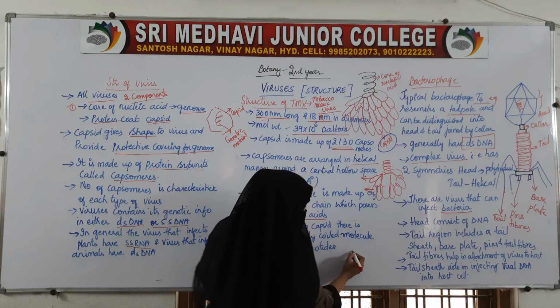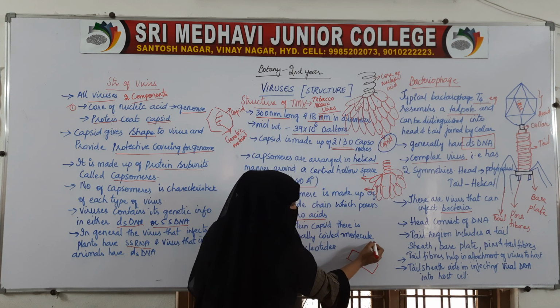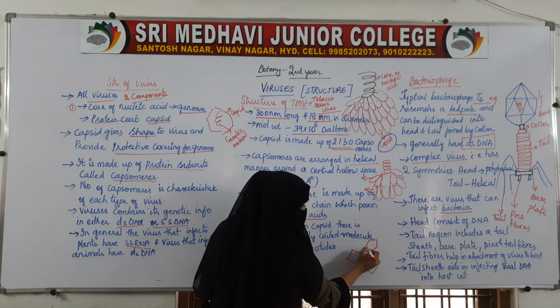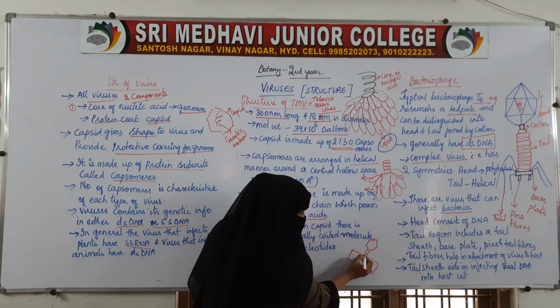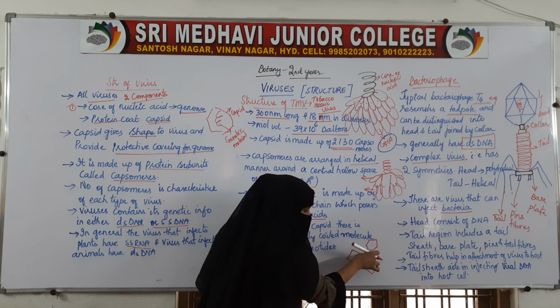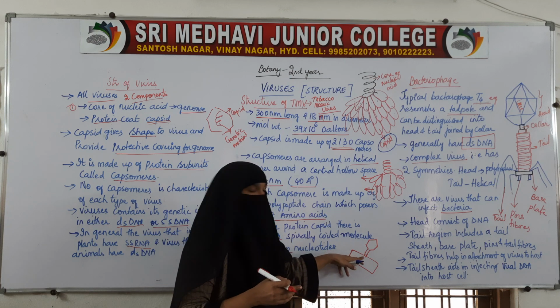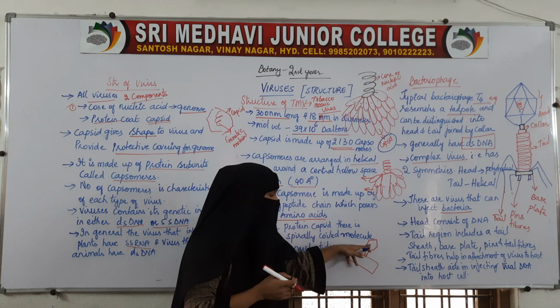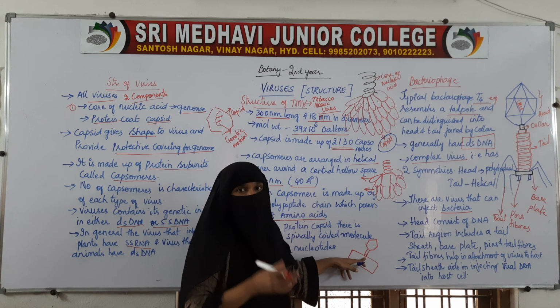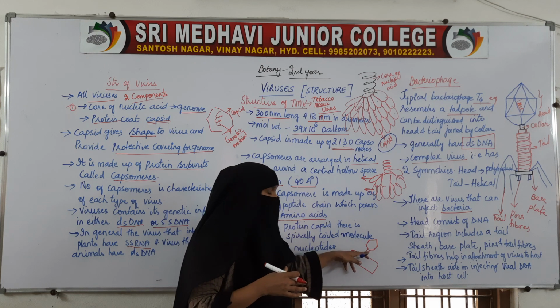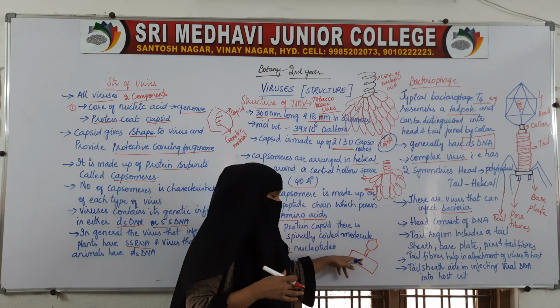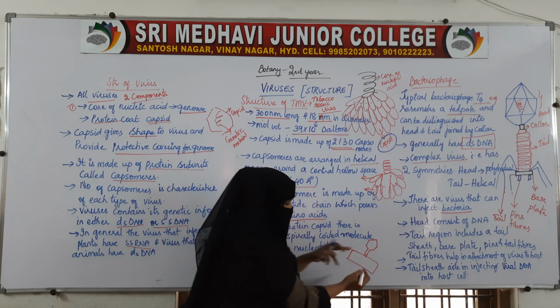For example, this is a bacterial cell and this is a bacteriophage. At the time of infection, the tail pins help in attaching the bacteriophage to the cell wall of the bacteria.